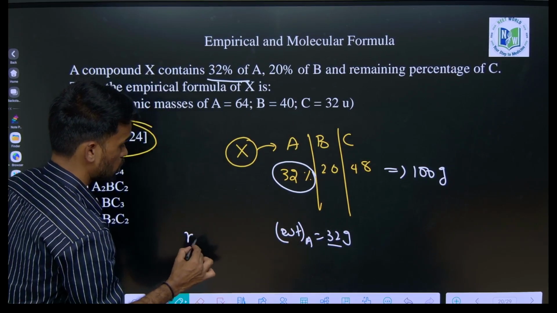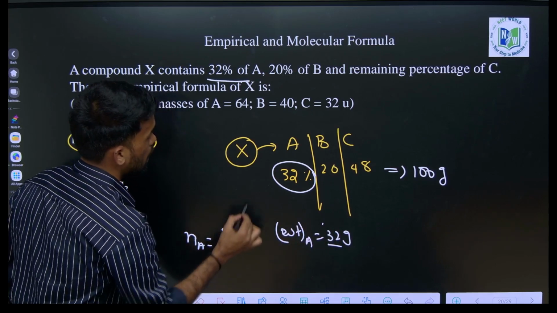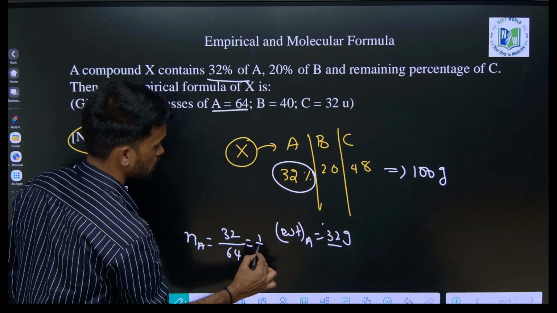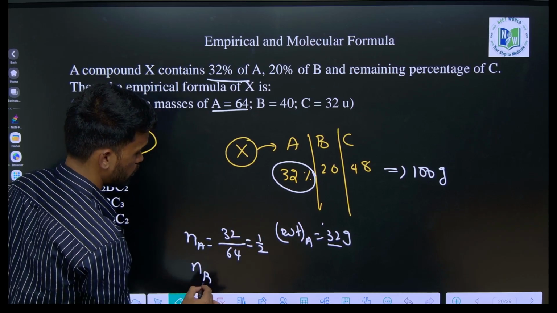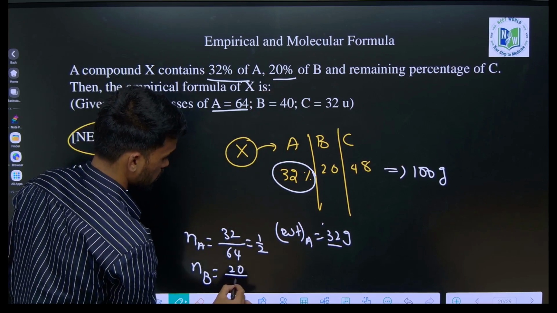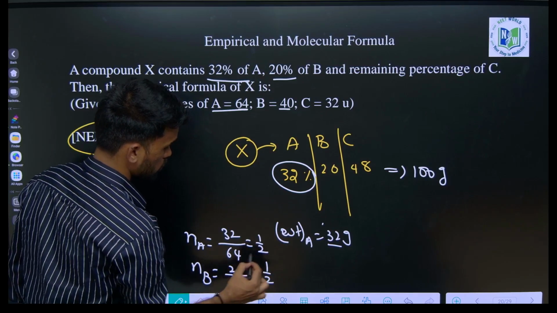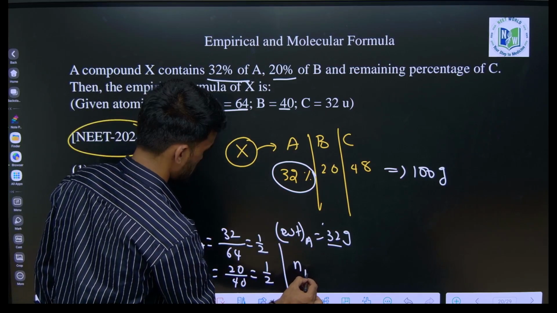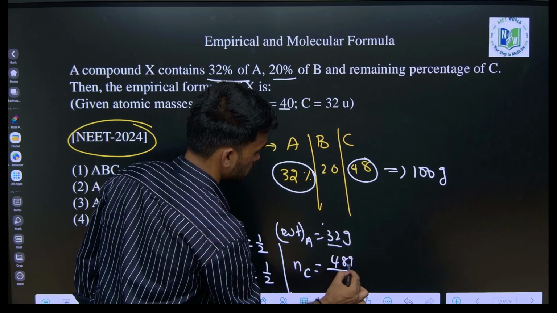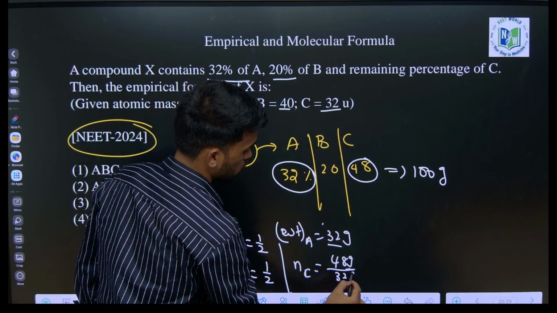Now number of moles of A is how much? nA equals weight of A, which is 32, divided by the atomic weight of A, which is 64. So how much are we getting? Half. Similarly, for B, we are getting 20 grams by its atomic weight 40. So it will be 1 by 2. Similarly, if I do for C, nC will be 48 grams, and its atomic weight is 32 gram per mole.